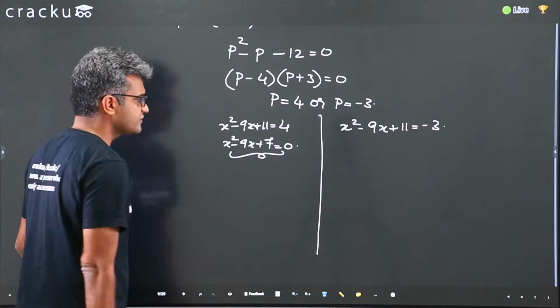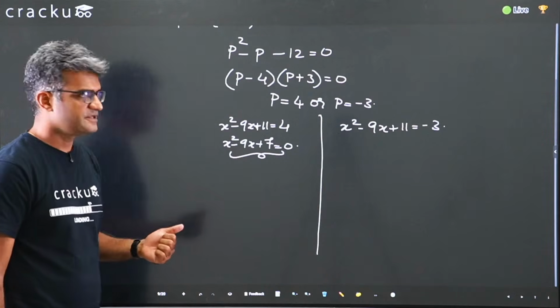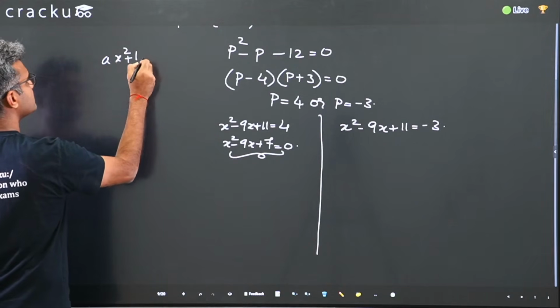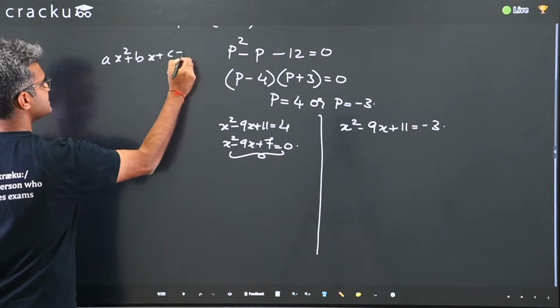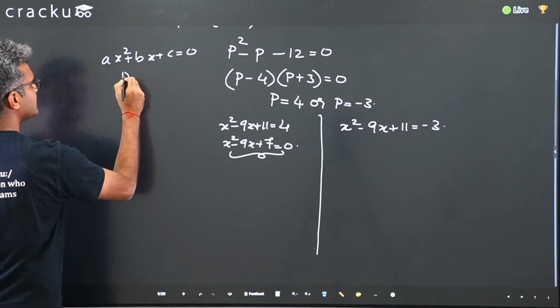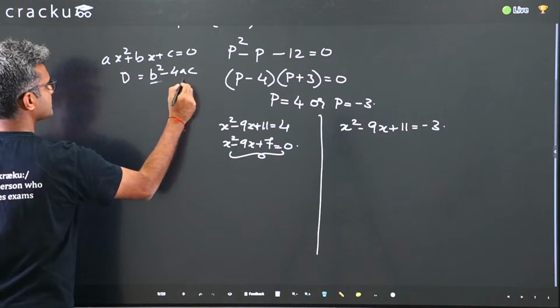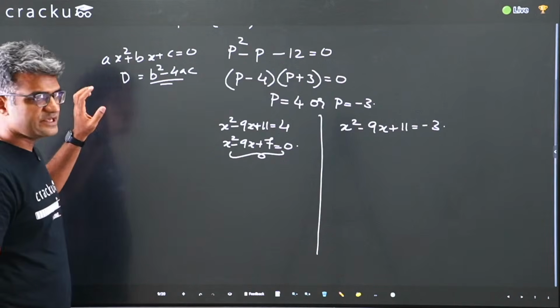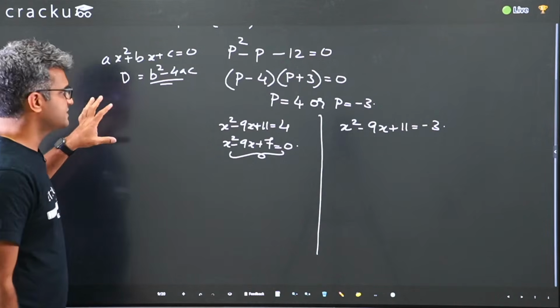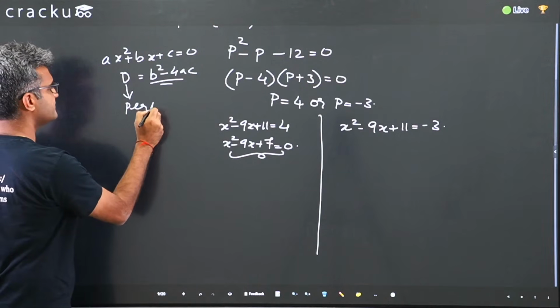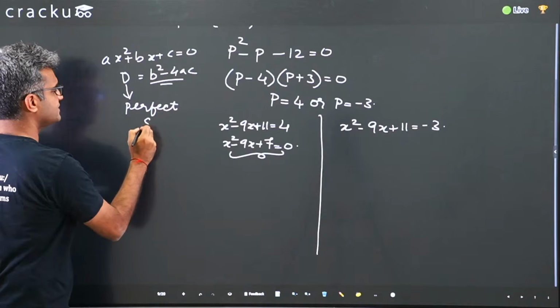In this quadratic equation, what is the discriminant? If you have a quadratic equation like ax² + bx + c = 0, the discriminant is b² − 4ac. For the roots to be rational numbers, this discriminant has to be a perfect square. Only if it is a perfect square will the roots be rational.